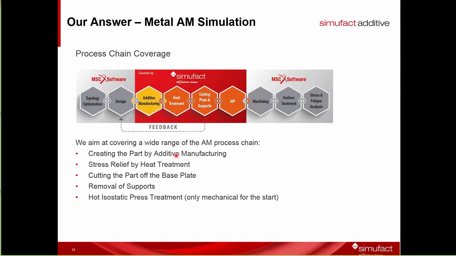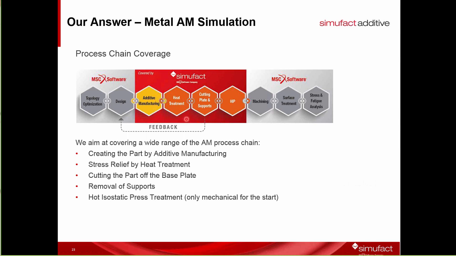And what Simufact Additive does is it really does the whole process chain. Not only the buildup of the material in a powder bed fusion process, but also the heat treatment.